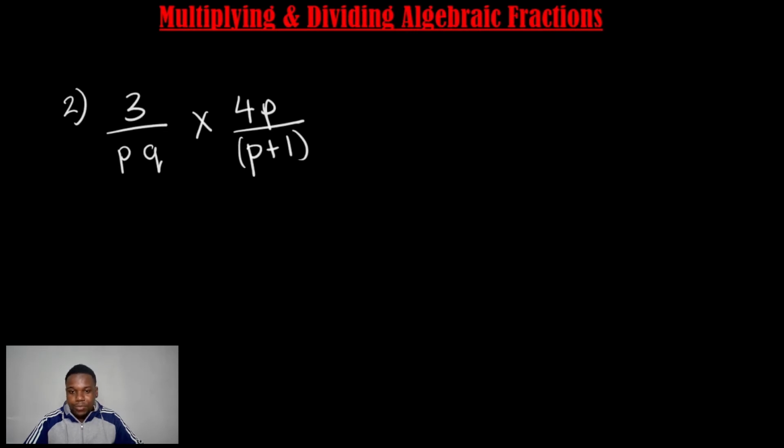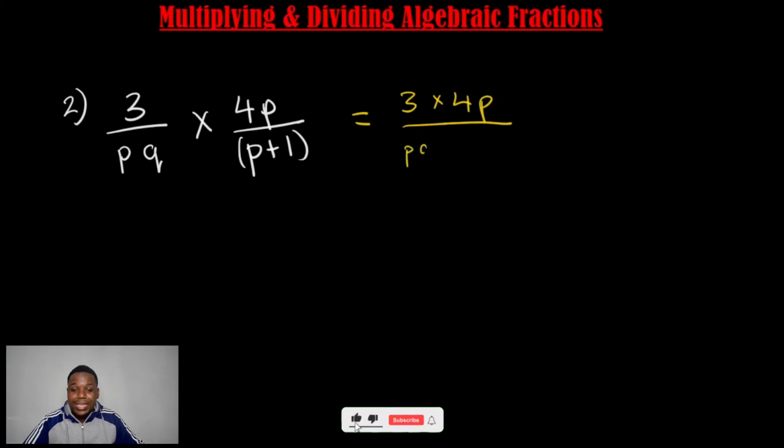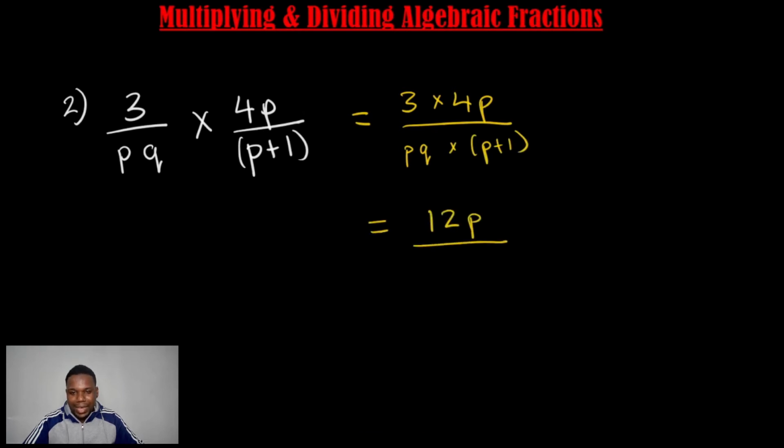So we have 3 over pq times 4p over p plus 1. Let's first try to write both fractions as one. We're going to multiply numerators and multiply denominators. So 3 times 4p will give us 12p, and we're going to multiply the pq by the p plus 1.